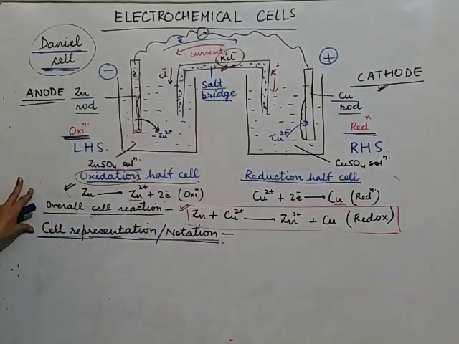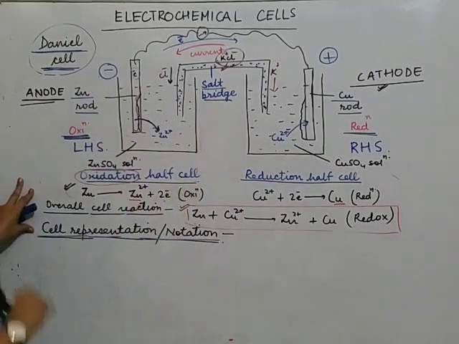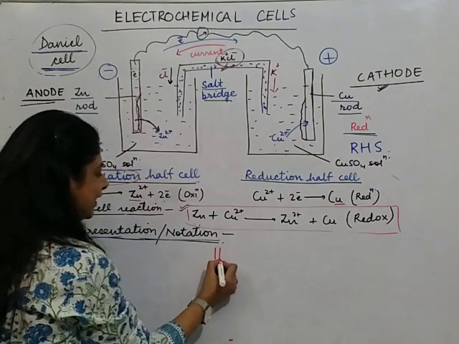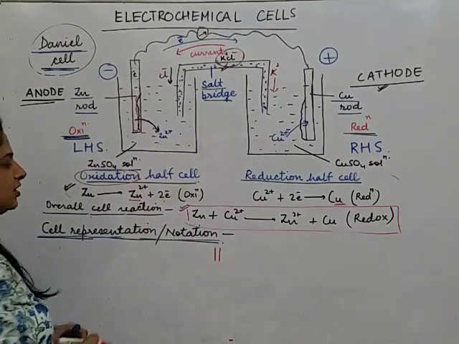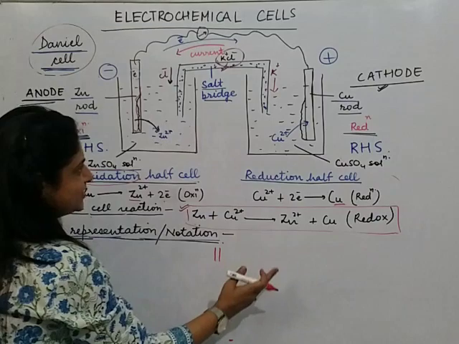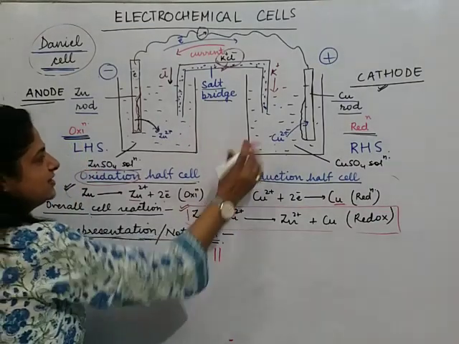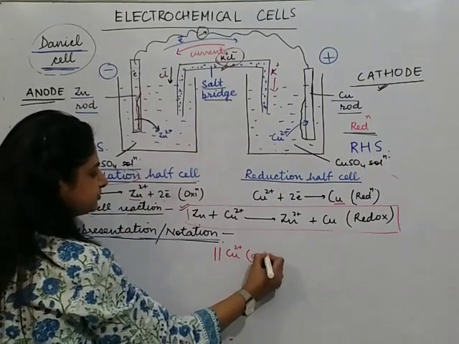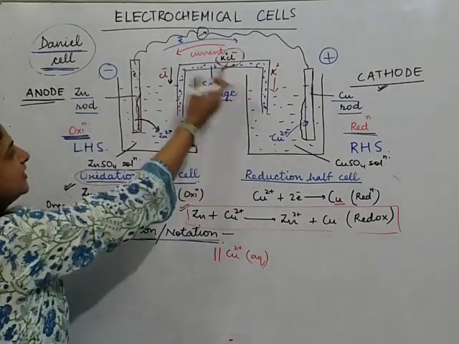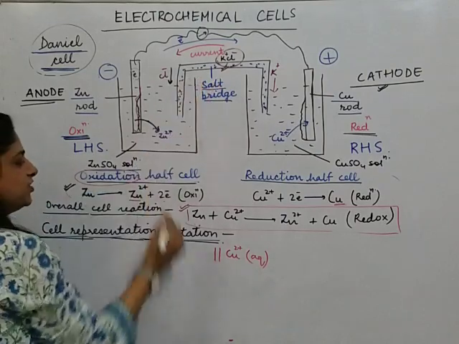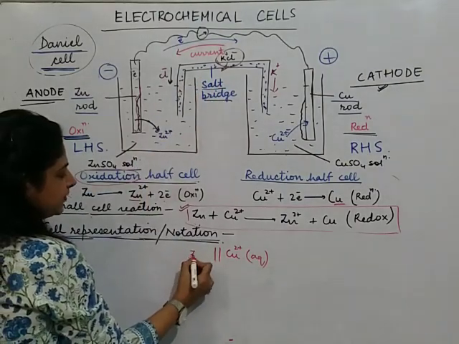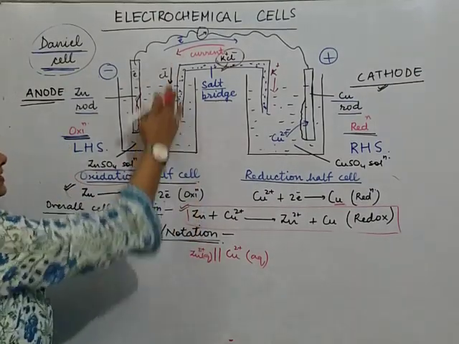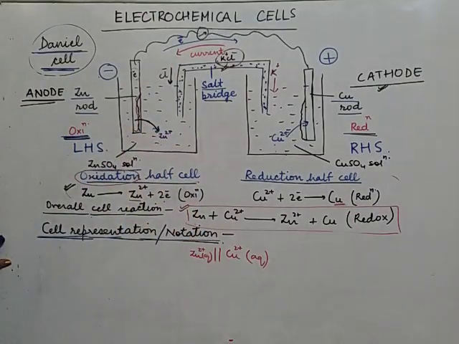Now how do we represent such a cell? We take a parallel line which indicates the salt bridge. On the right hand side of the salt bridge is the copper sulfate solution, which means the copper ions, while on the left hand side the salt bridge is connected to zinc sulfate solution, that is, zinc ion.